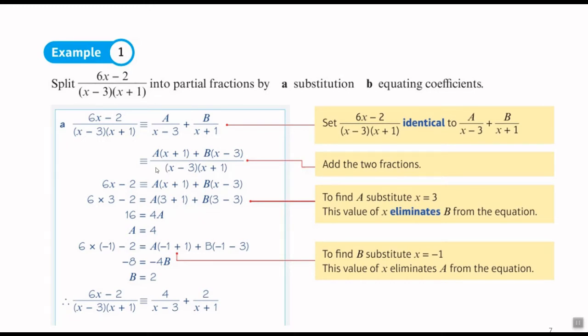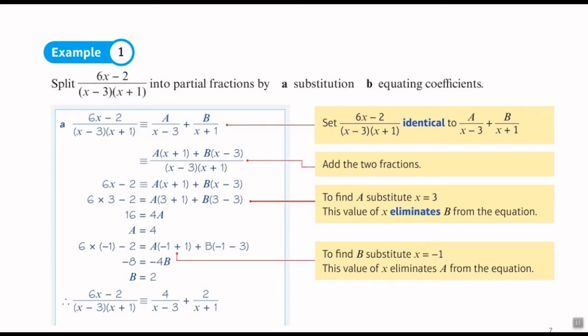Then multiply both sides by (x - 3)(x + 1), so you can equate the numerators: 6x - 2 is identical to A times (x + 1) plus B times (x - 3).